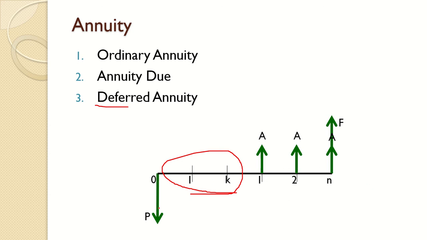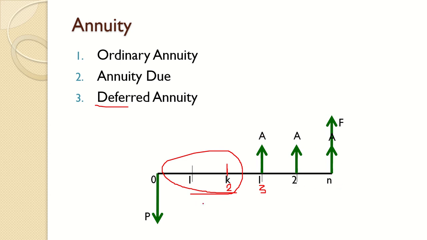So for this example, the last end of year with no payment will be denoted as your K. So for this example, your K is equal to 2. Then on the third year, the payment starts. So here the annuity starts.